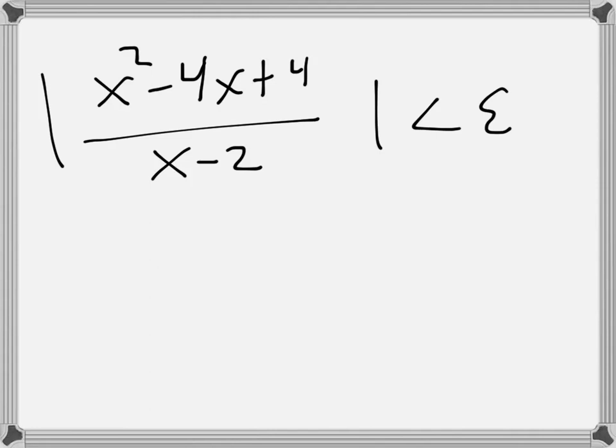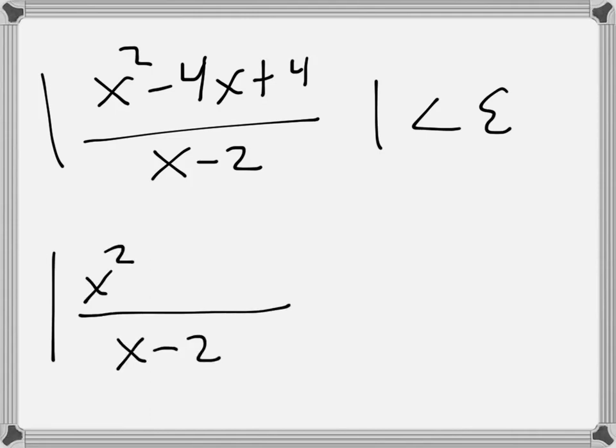Thinking backwards again, I'm going to introduce in the numerator the 5x minus 10 that I had by separating the 4x and the 4. So I'm going to take minus 4x, and I'm going to write that as plus x minus 5x.